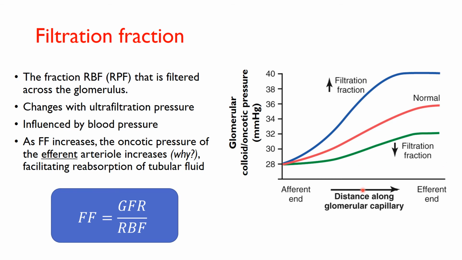So what goes on and the amount of stuff getting filtered, your filtration fraction, your glomerular filtration rate, even your glomerular blood flow, those three factors that influence filtration fraction, can influence glomerular oncotic pressure at the efferent end of the glomerular capillaries, and therefore influence oncotic pressure in the peritubular capillaries.